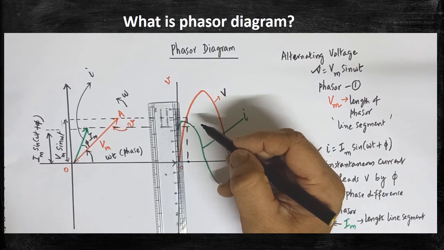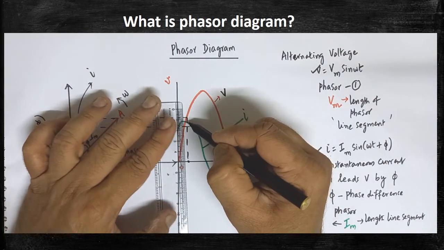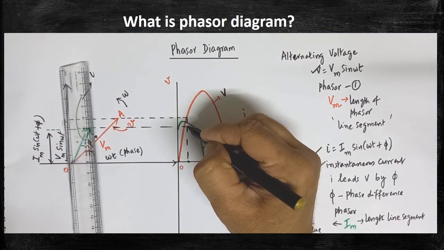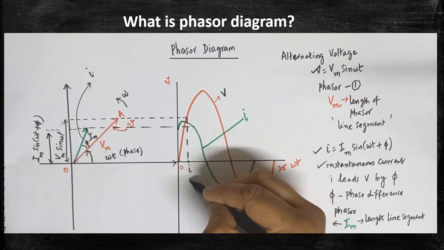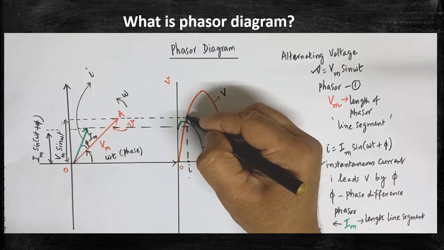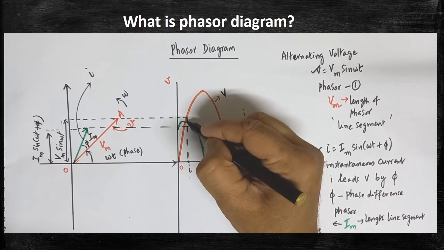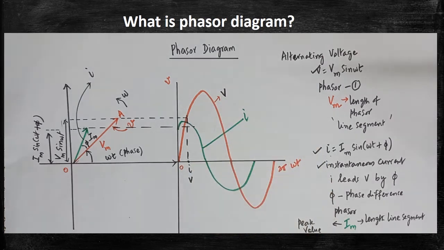Could you understand? From the same point, at this particular instant, we are able to get the instantaneous current as well as the instantaneous voltage. Here this is a common line that tells you the value of instantaneous current and the value of instantaneous voltage.